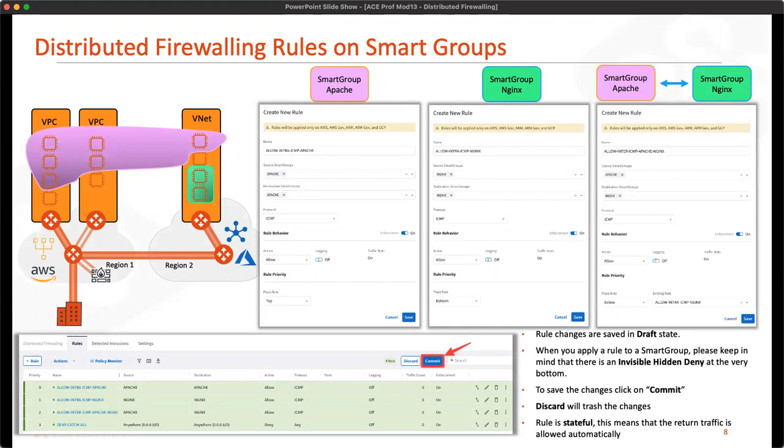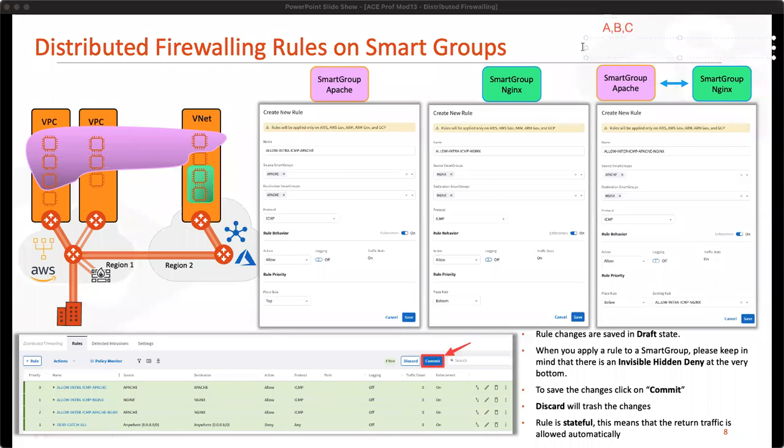And this is, again, so any group that gets referenced in the rule, there is always an implicit deny. Let me try to explain what I mean by this. Assume you have, for example, smart groups. Let me give an example, A, B, and C. I'm making it very simple.